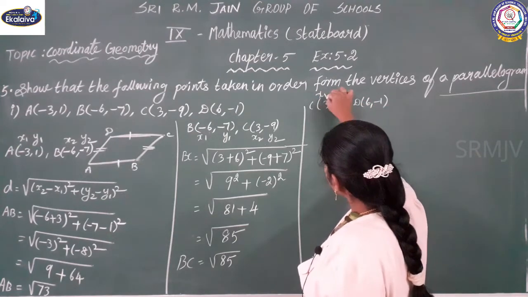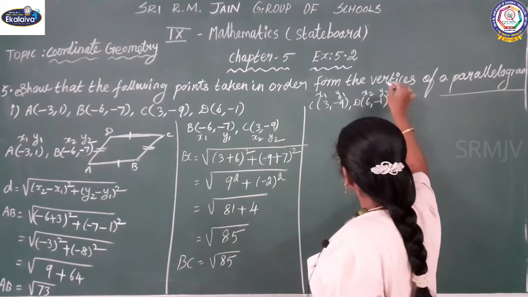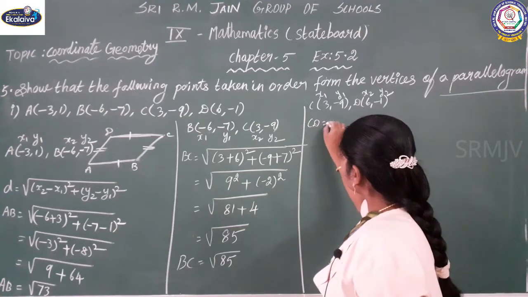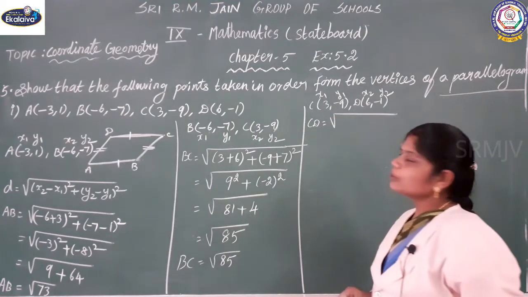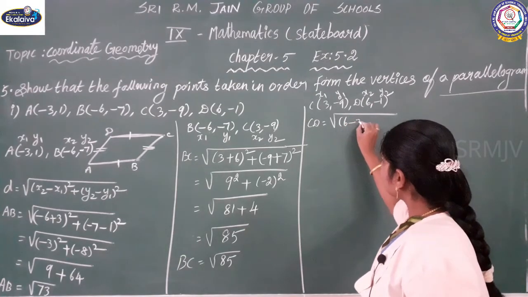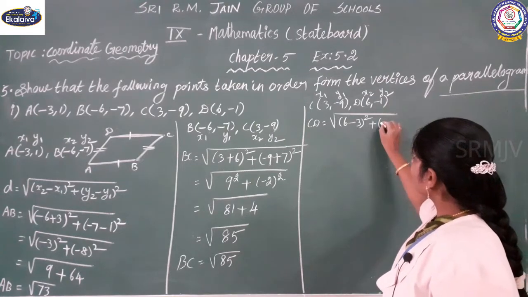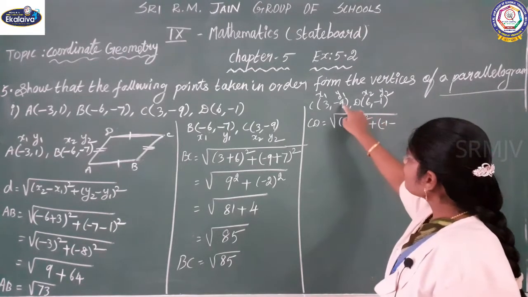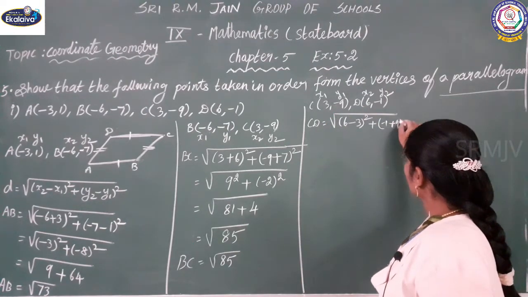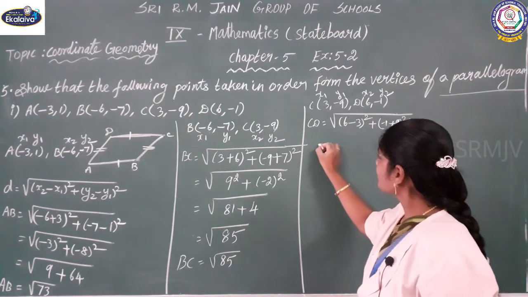So x1, y1, x2, y2. Okay, substitute here CD equal to root of x2 minus x1. So 6 minus 3 the whole square plus y2 minus 1 minus of minus 9. So minus into minus plus 9 the whole square. Okay.